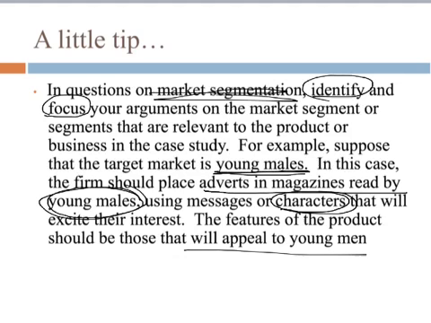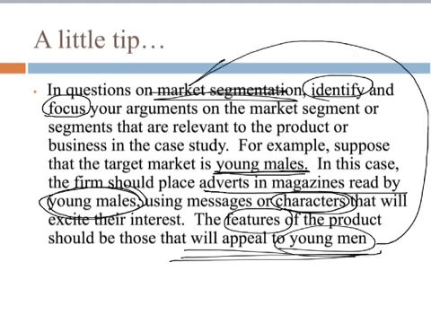So you're trying to point out in your answer that the business has to focus on the features of the product that will appeal to young men, because young men in this question on market segmentation is your chosen segment. So that's how we would use market segmentation as a little bit of application here. So try to focus your answer on whichever segments are apparent in the case study.